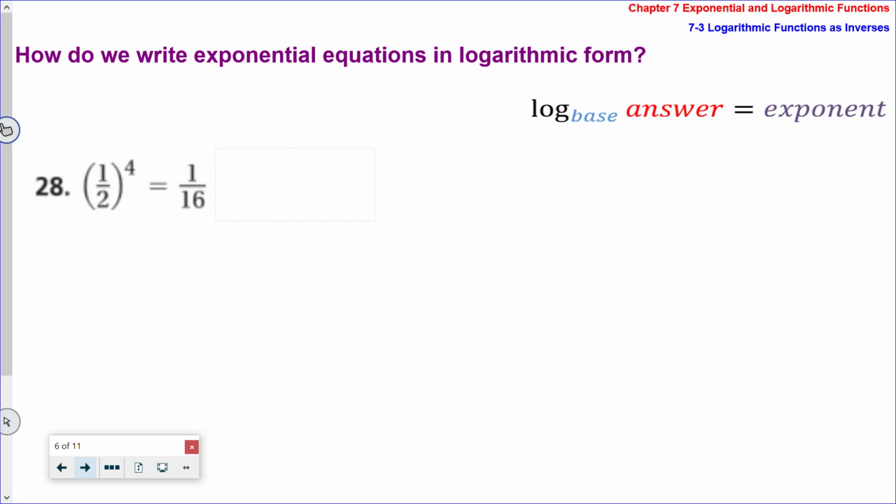Haley. Log base 1/2 of 1/16 equals 4. Yeah. Log base 1/2 of 1/16 equals 4. All right.